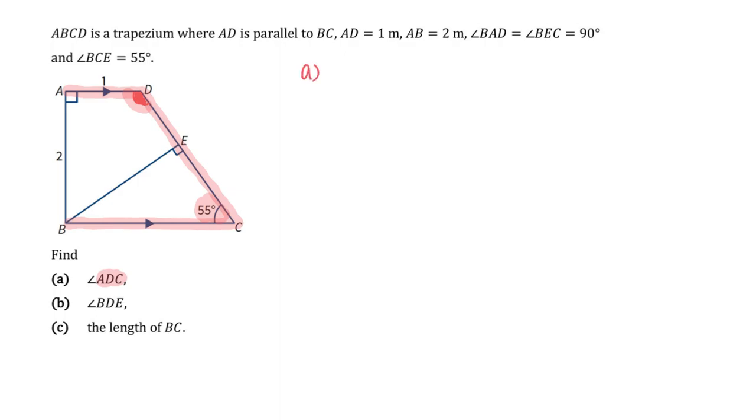So for part A, angle ADC is simply 180 degrees minus 55 degrees, because these are interior angles, with AD being parallel to BC.